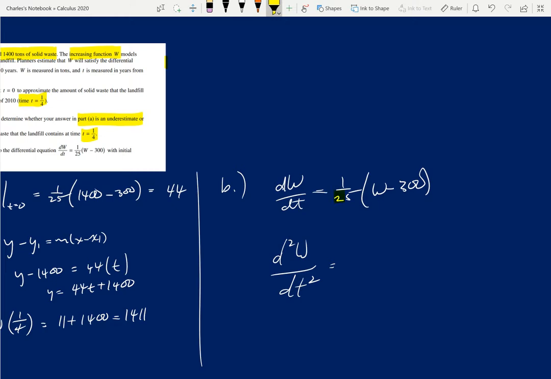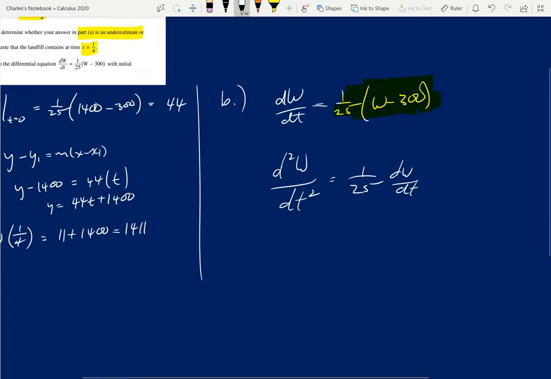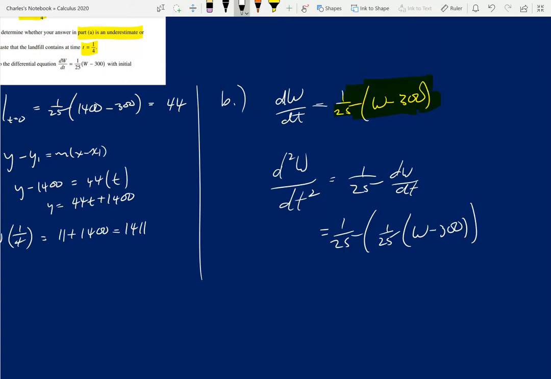The derivative of this, there's no t in it, but there is a W, so the derivative is just the coefficient, 1/25. But then I have to multiply that by dW/dt, which is 1/25 times (W minus 300), which is 1/625 times (W minus 300).